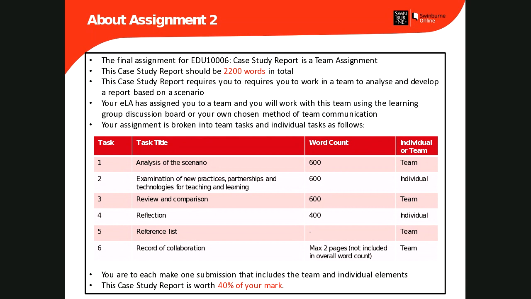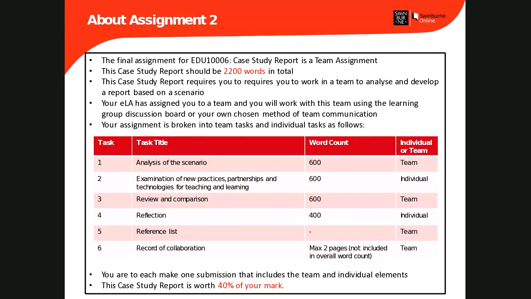Okay. Your reference list, there are two parts to this. Your group reference list, so that's the references that you've used for part one and part three. And then you will have an individual reference list, which are additional references that you would have used for parts 2 and 4. Okay, so there's two headings for that section. And then lastly, your record of collaboration, maximum of 2 pages.